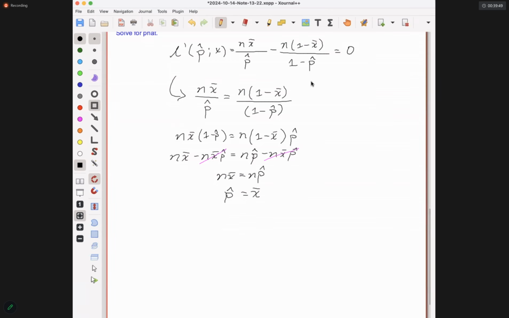We know it's one of those, local max, local min, but if we want to show that it's a maximum specifically, what do we do? We need to take the second derivative.